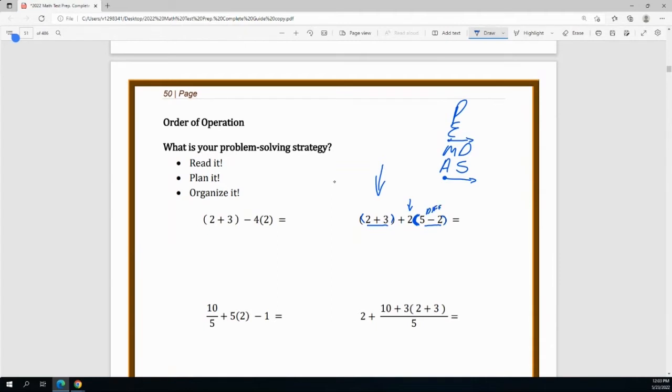You are then going to multiply it times 2. So what we're going to do here is we're going to have 5 plus 2 times 3. This is our math problem. So we will now do 2 times 3 is 6, 5 plus 6, and we would get an 11.